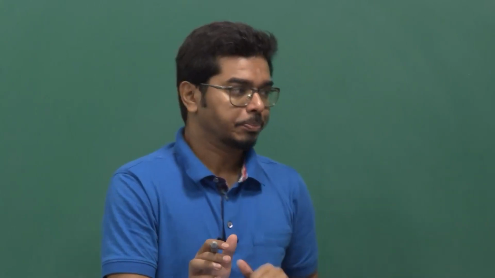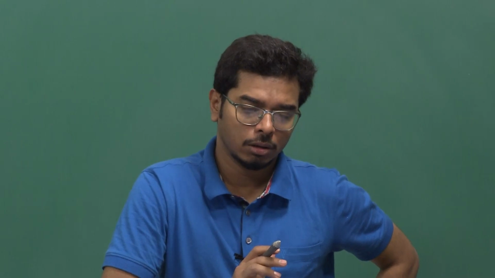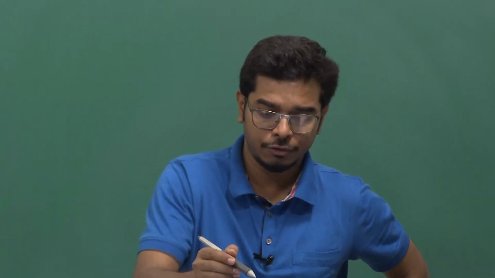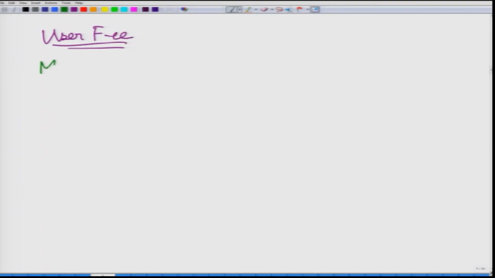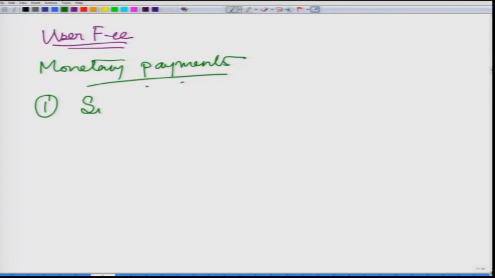That is user fee. Now, we generally think of price in terms of monetary payments. But as I said, the dynamics changes completely if the government has a mechanism of subsidies or taxes.